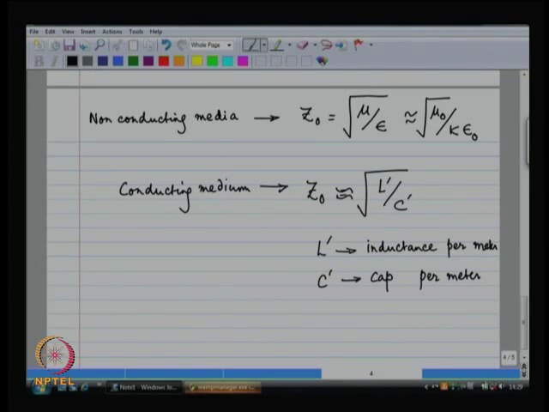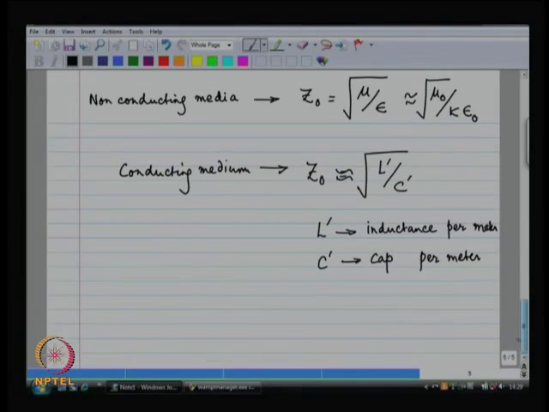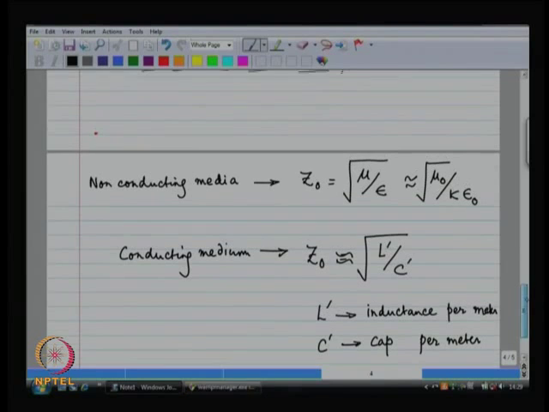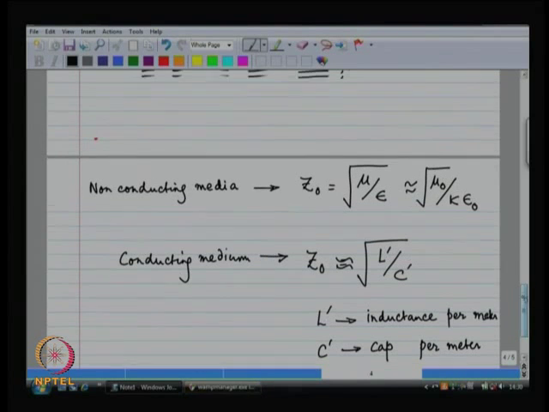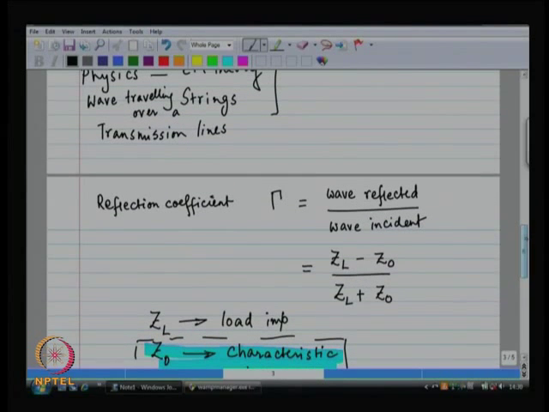For example, it is going to be related to the Young's modulus and the mass per unit length, etc. We do not want to discuss all that right now. The formulation remains very similar in nature, no matter what it is. So, this is the characteristic impedance, and this is the reflection coefficient.